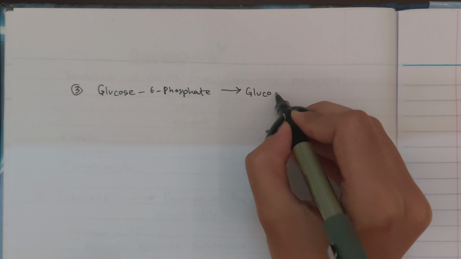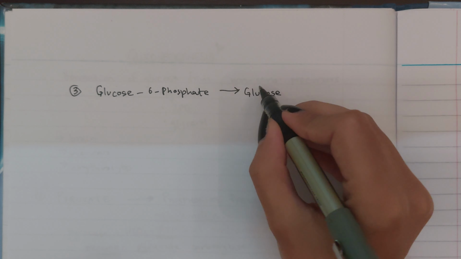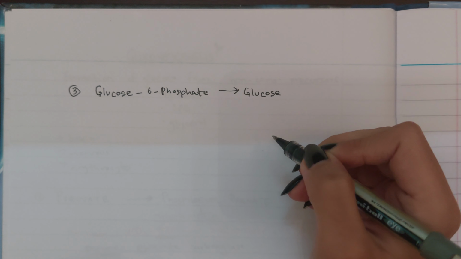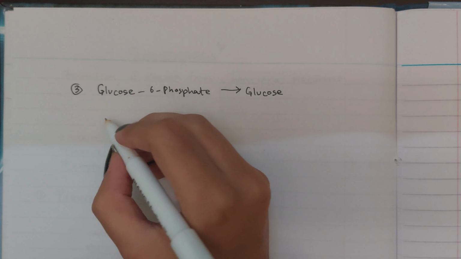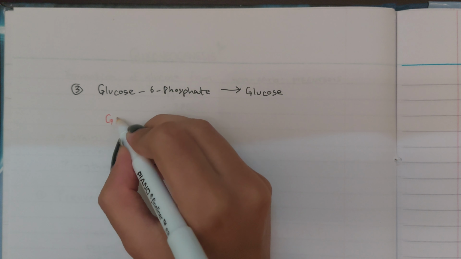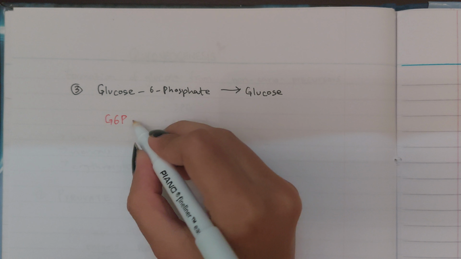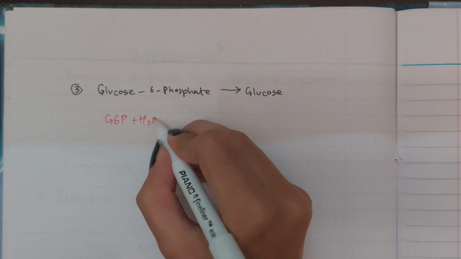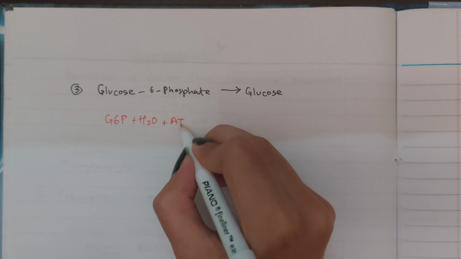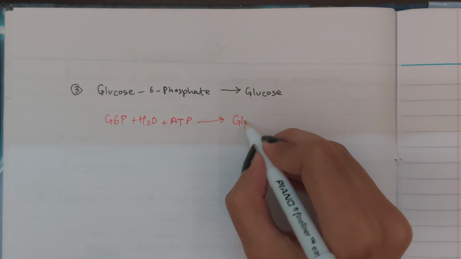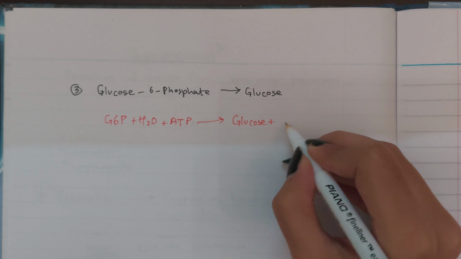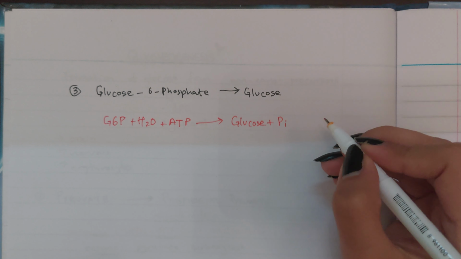This is the end product of gluconeogenesis, and this is also fairly easy as the glucose 6 phosphate uses water and an ATP to convert into glucose with the byproduct of a phosphate group.